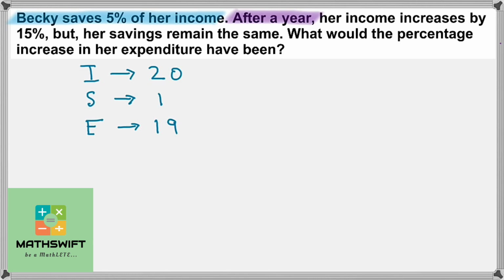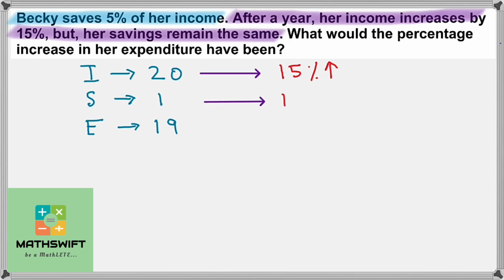Next year, her income increases by 15%, but savings remain the same. Had she managed to save 15% more the next year, we could say that her expenditure would have increased by 15% as well.